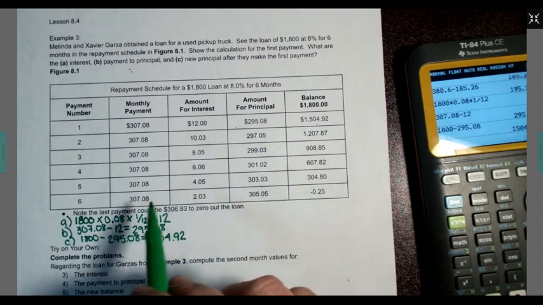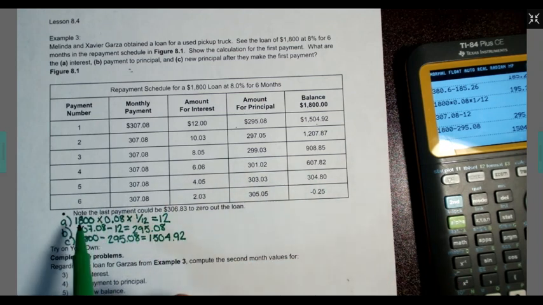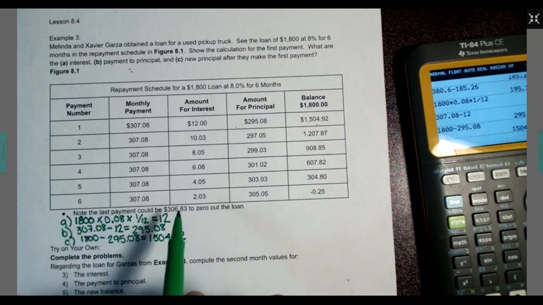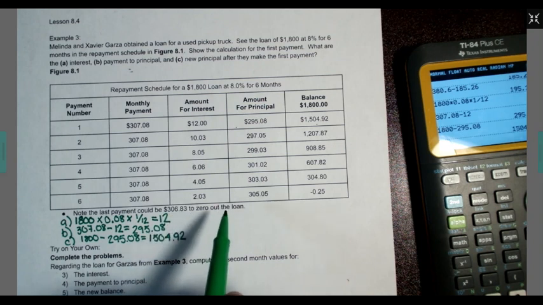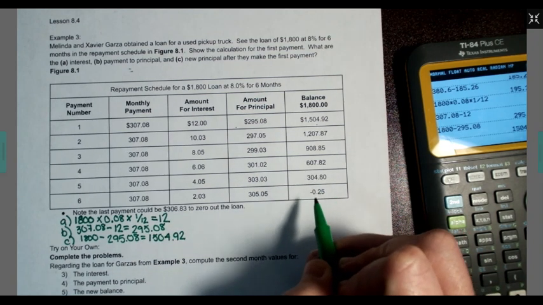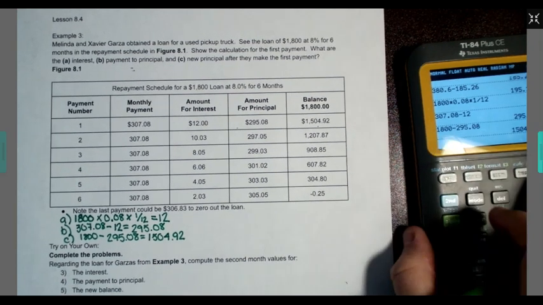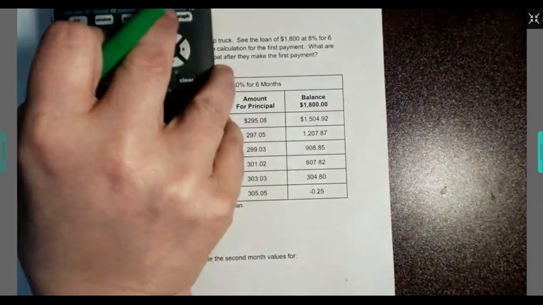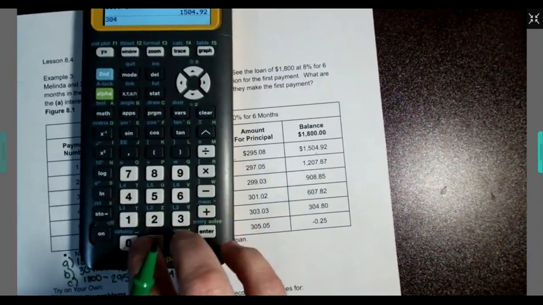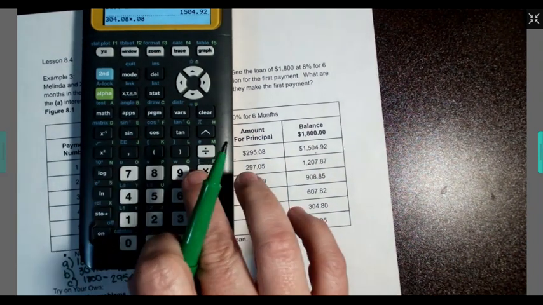Notice that down here at the bottom, it says, note the last payment could be $306.83 to zero out the loan. Because what they did was they basically paid 25 cents too much. So what you would have done here is you would have taken the 304.08, and multiplied by the 8%.